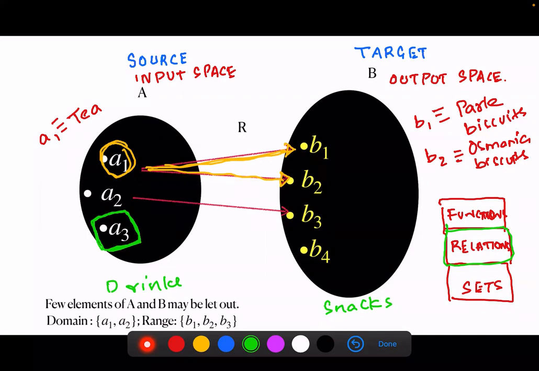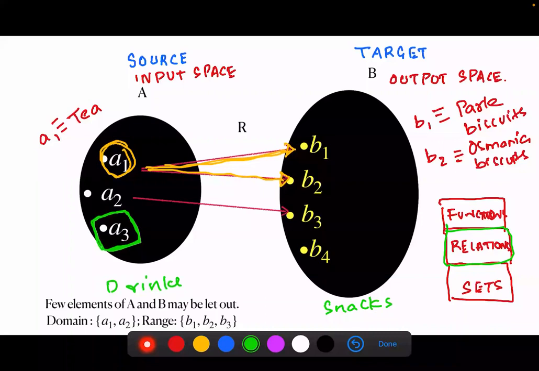Do you like Karela juice? I had it once, but I did not like it. So the idea is, if you have some element which is not connected, it cannot be part of your domain. Domain is the set of elements in the source set which are connected with the elements in the target set.